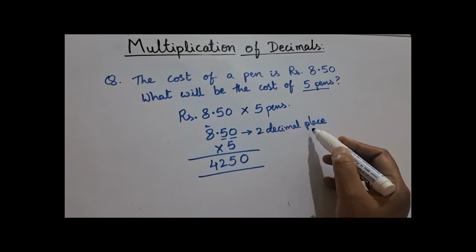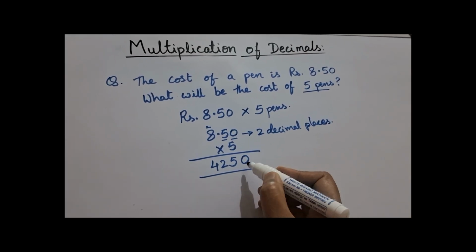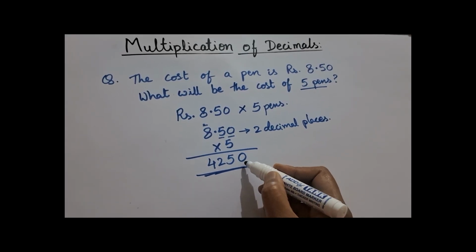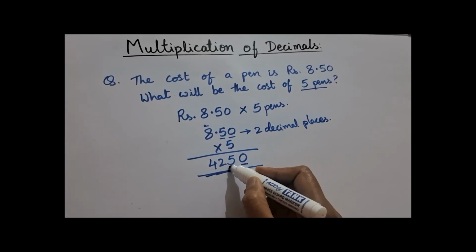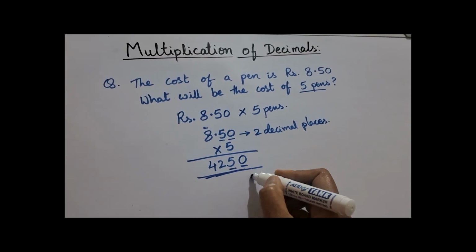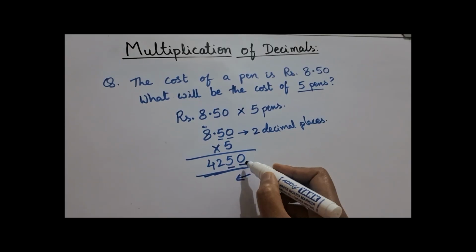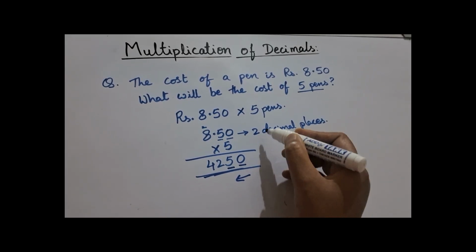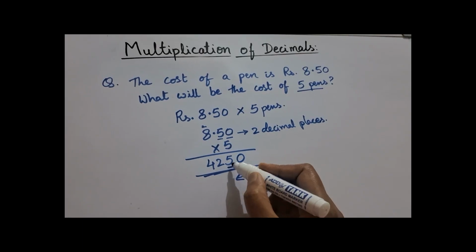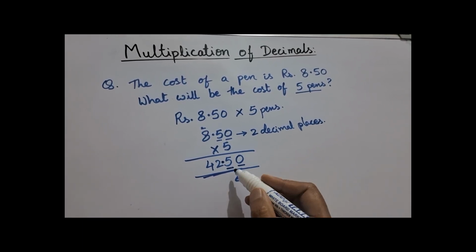Now in the answer we have to leave that many decimal places from the right hand side. From the right side, 2 decimal places, so leave 2 digits. That many decimal places you have to leave, and then you have to put the decimal point in the answer.